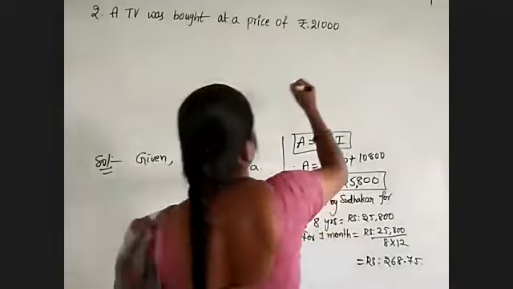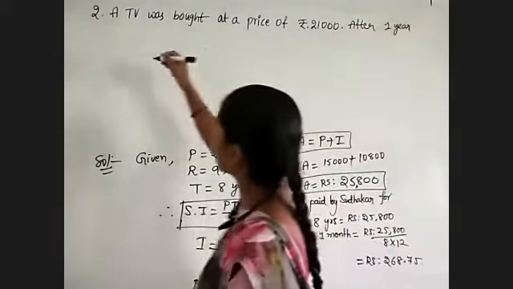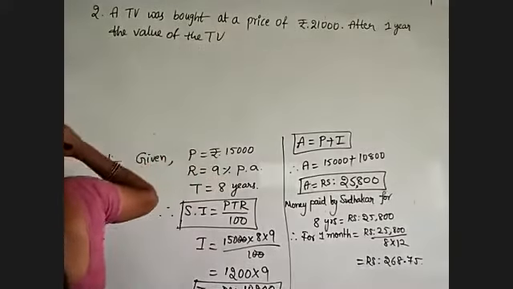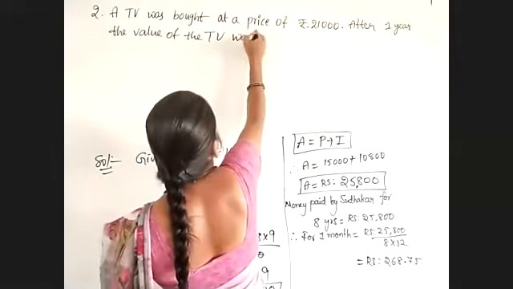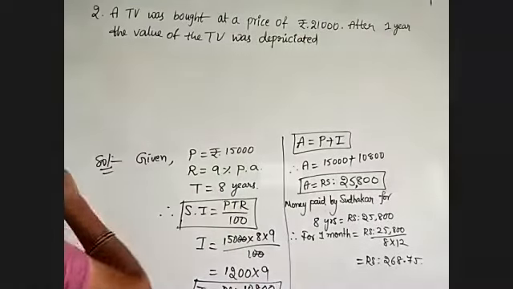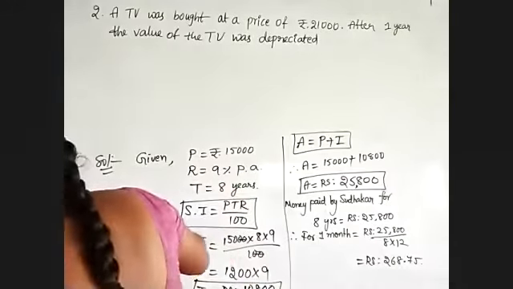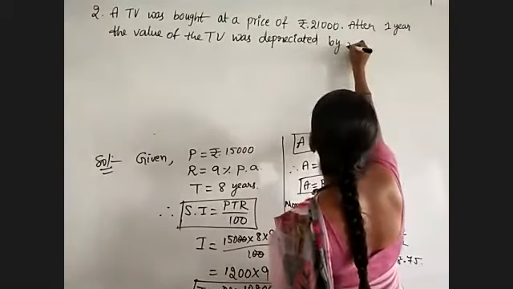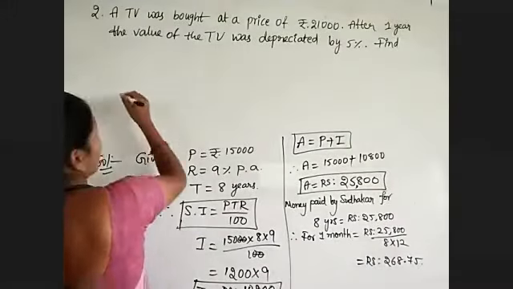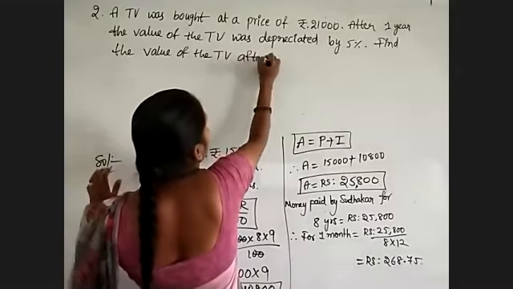After 1 year, the value of the TV was depreciated by 5%. Find the value of the TV after 1 year.